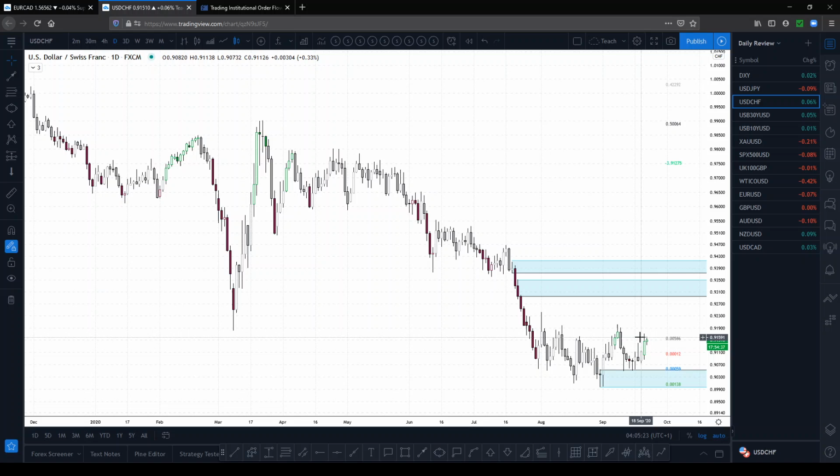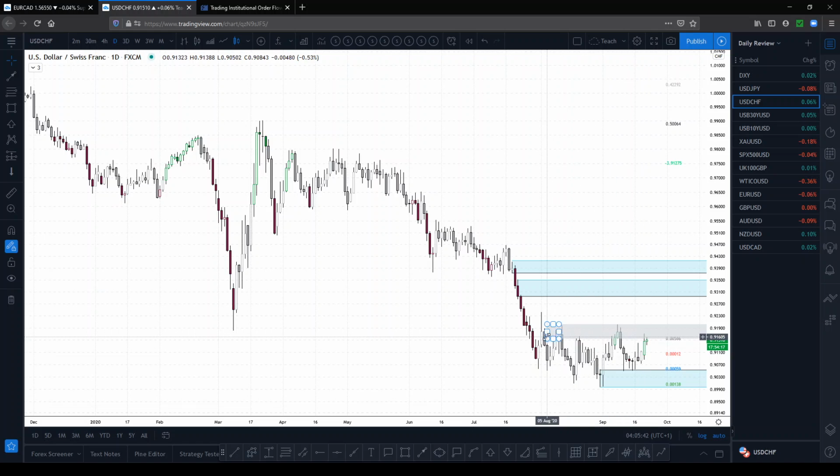So for the US dollar Swiss, we are not at an area that we would be interested in initiating a sell, because again, this band of selling that is up here is yet to be removed.